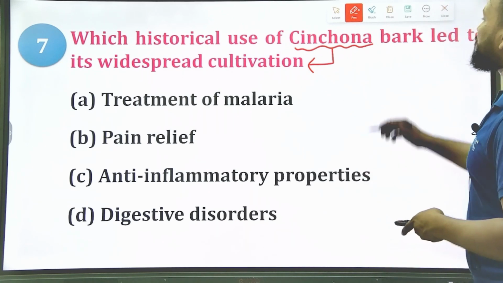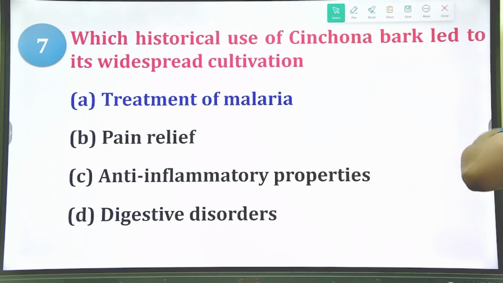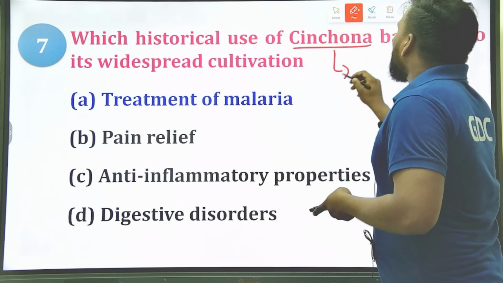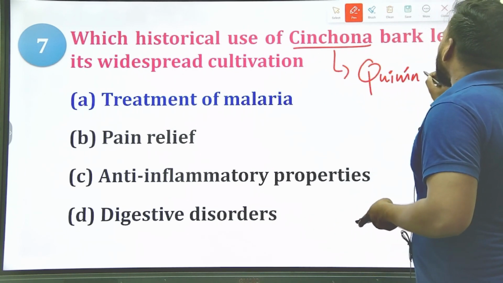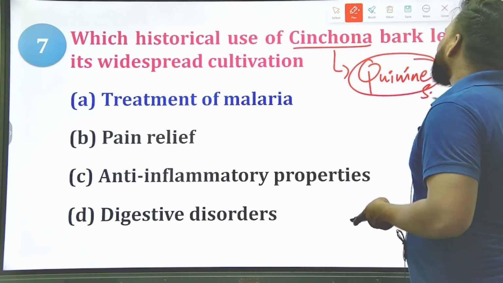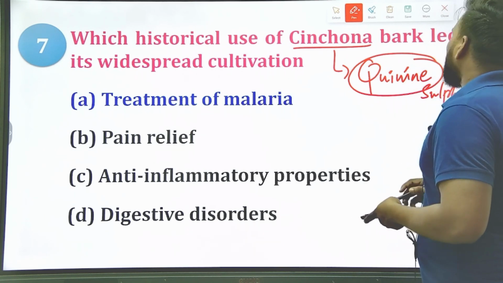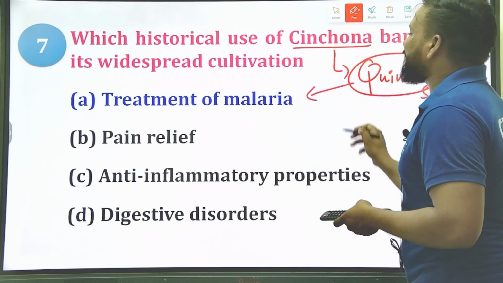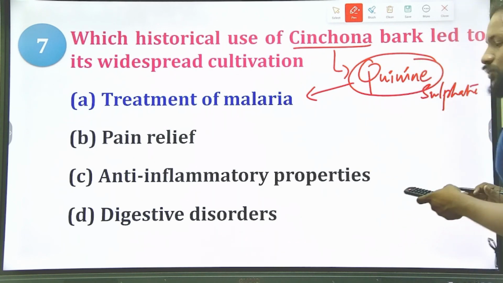So what is the right answer? I know the right answer, but for your sake I'll show it: treatment of malaria, because cinchona has quinine alkaloids, and these are responsible for quinine sulfate, the chemical constituent with anti-malarial property. In treating malaria it has a historical use.